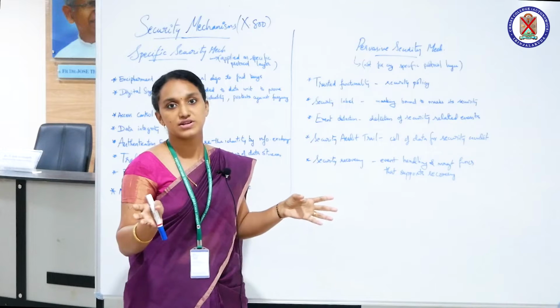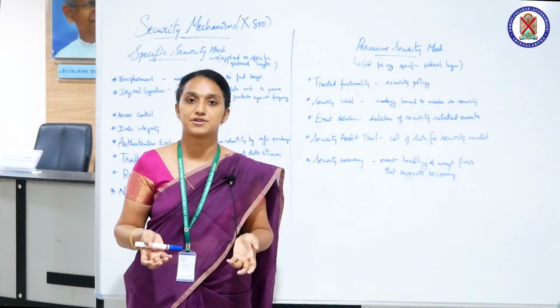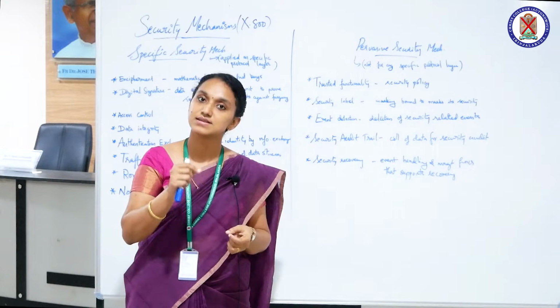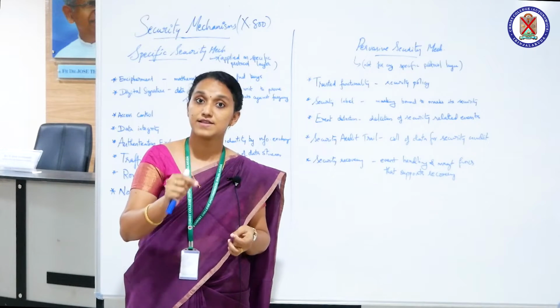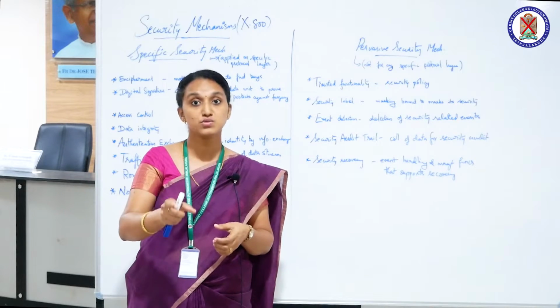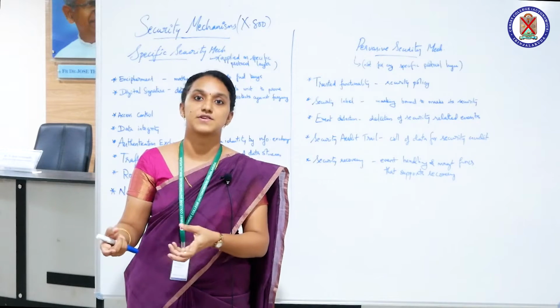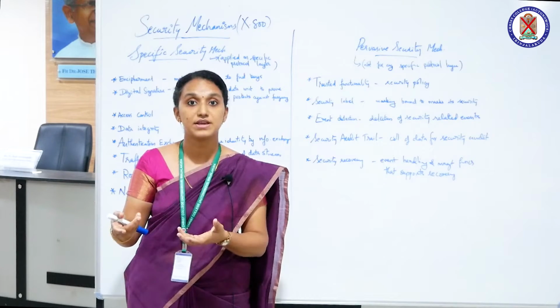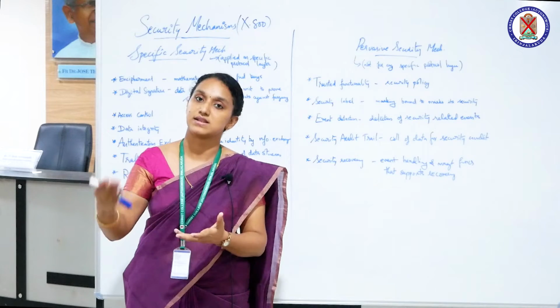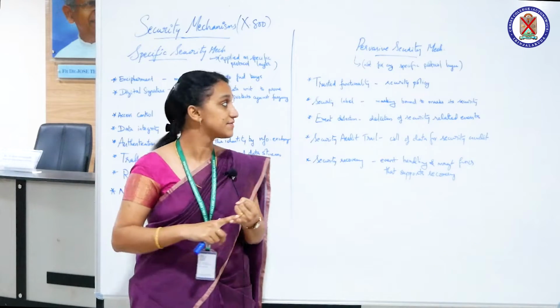It's very, very general. Different organizations may have different security policies, and while using their security policy, if they say, yes, this functionality can be trusted and used for security check, that is a trusted functionality. It may not be the case with another organization, so it can vary.